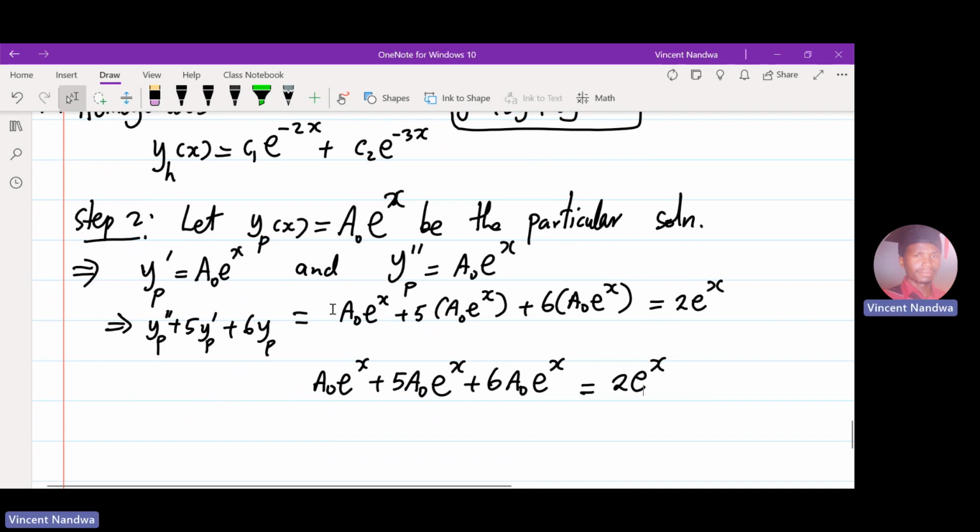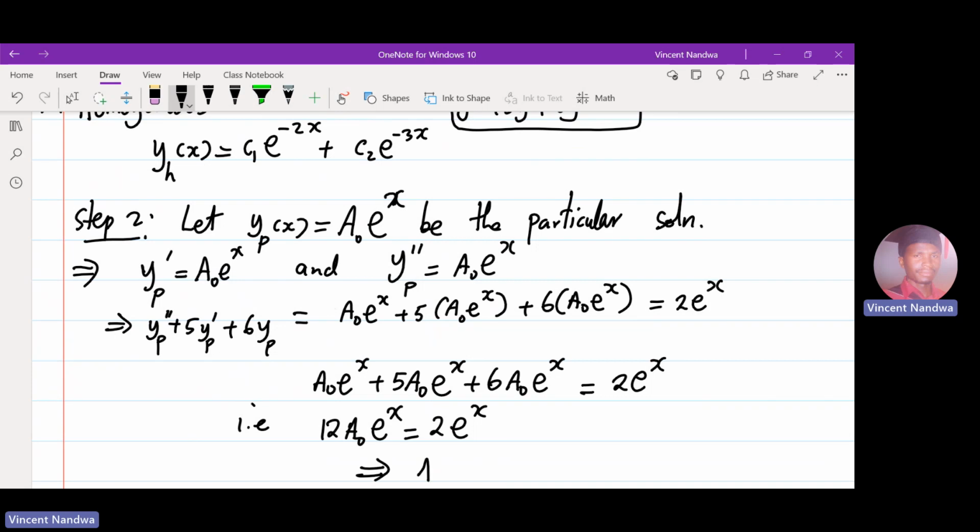So can you give me the sum on the left-hand side of that equation? What the final sum on the left-hand side is? So I have 12 a naught e power x equals to 2e power x.